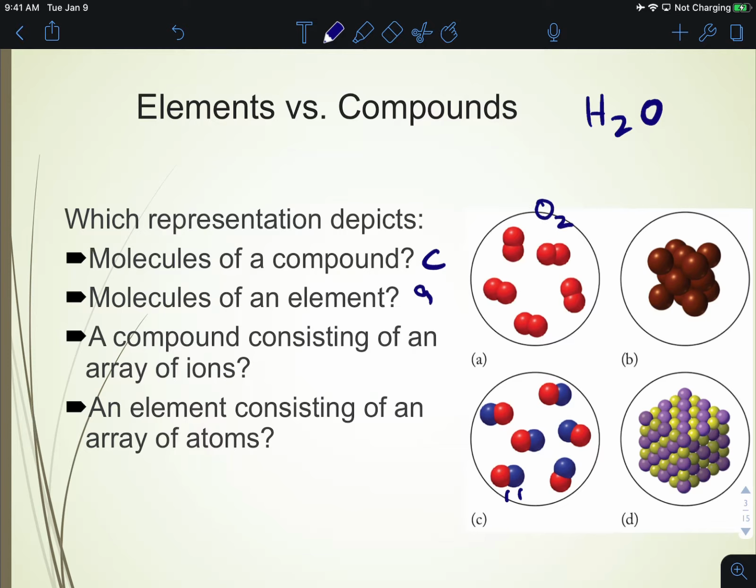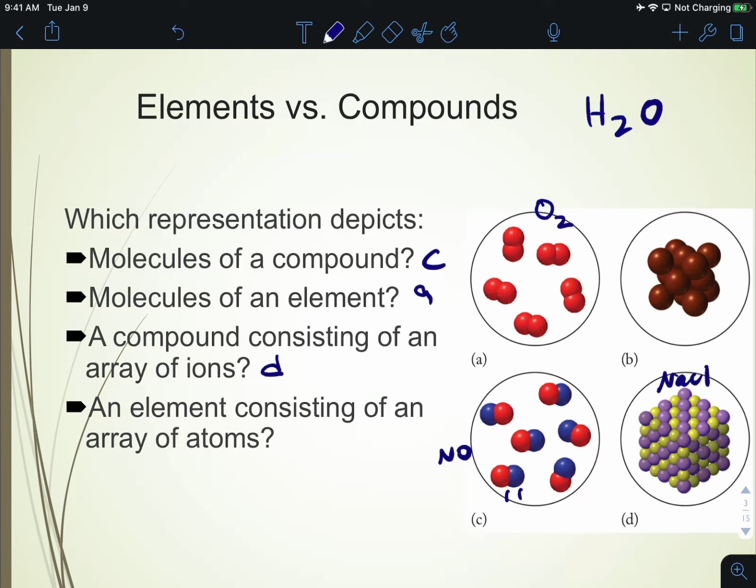This could be like nitric oxide, which is one of the air pollutants we'll talk about later on. This is oxygen gas here. There would be molecules of an element. A compound, so you got more than one atom here, that would have to be D. This would be something like sodium chloride here. Those would be atoms in this array, or ions in this case.